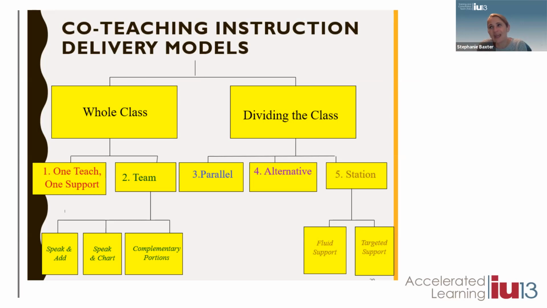Targeted support, you might have maybe what we call a tier 2 light or a pre-teach reteach station, where some kids are either getting front loading or they're getting reteaching. So that one isn't going to be as much of both teachers up teaching to everybody. The fluid support would be everybody, both teachers moving throughout the classroom and providing that support to all students.